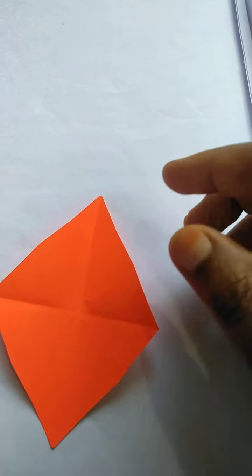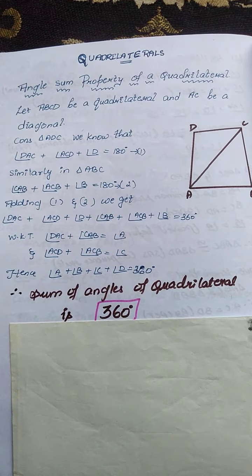Later, when I know the sum of interior angles of a triangle is 180 degree, when you add for these two triangles, you will get the sum of the interior angles of the total quadrilateral is 360 degree. So here are the notes for the angle sum property of a quadrilateral. You can just copy it down, children. If you did not understand, I will explain you later.